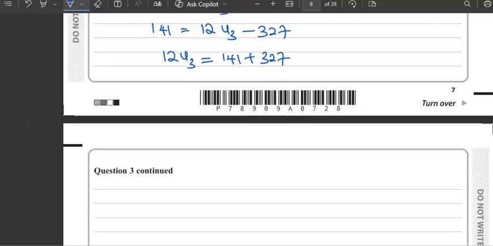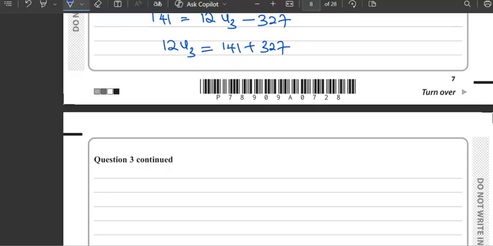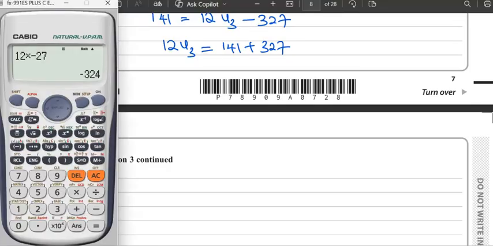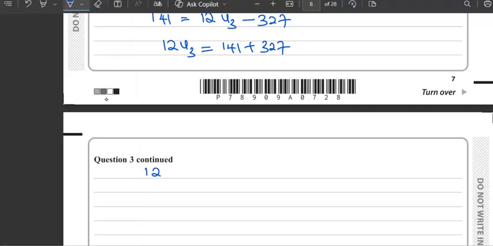So continuing here, we can use our calculator and add this. We have 141 plus 327. This gives you 468. So therefore 12u3 is equal to 468.